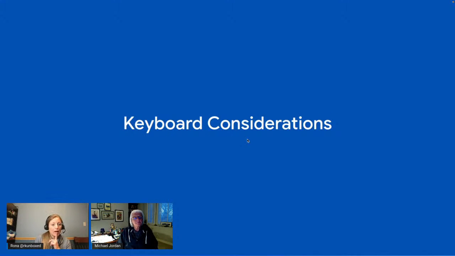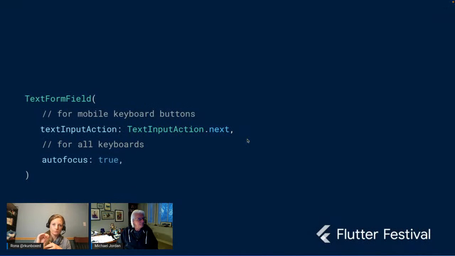Next, let's talk about keyboard considerations for forms. For mobile, when a user taps into a text field, the keyboard will automatically open. And you want the user to be able to jump to the next form field when they're done without having to close the keyboard and open the keyboard.